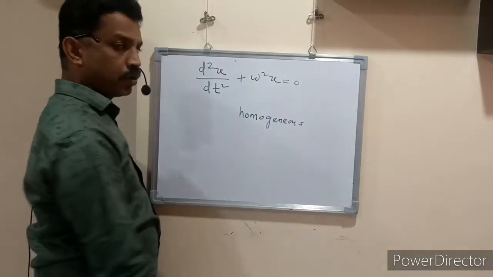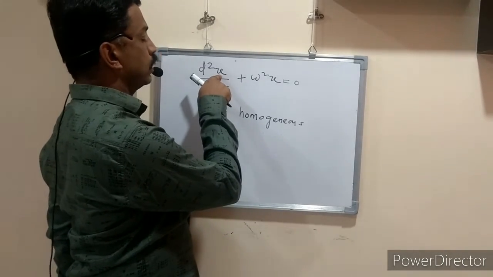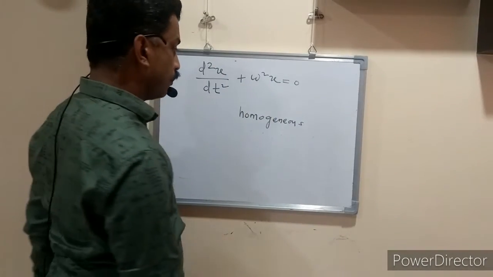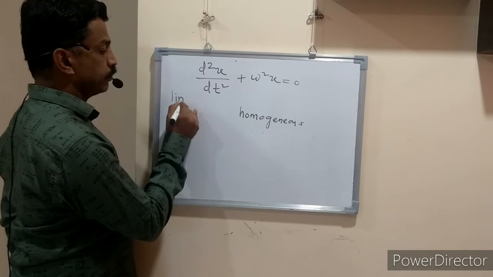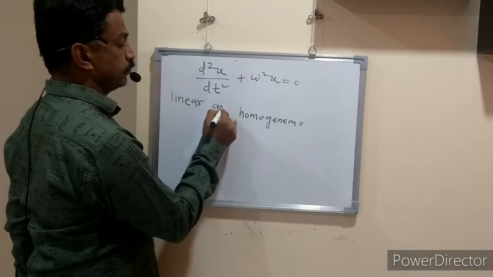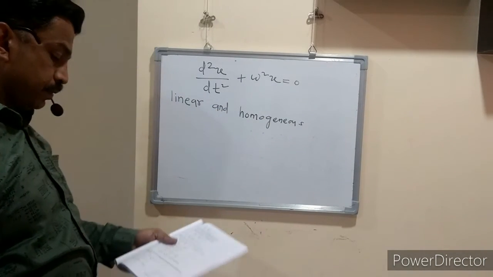Now linear or non-linear: it is linear because the power of the dependent term is 1 in both terms, so this equation is a linear and homogeneous differential equation.